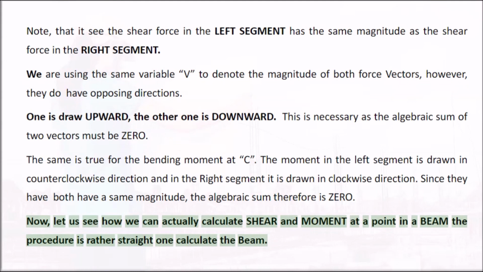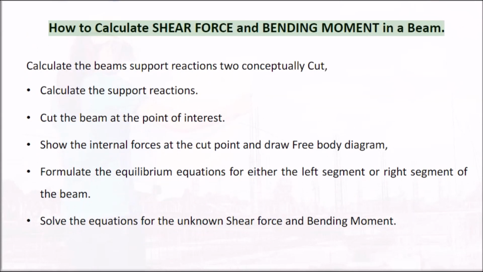Now, let us see how we can actually calculate shear and moment at a point in a beam. The procedure is rather straightforward. How to calculate shear force and bending moment in a beam. 1. Calculate the beam's support reactions. 2.